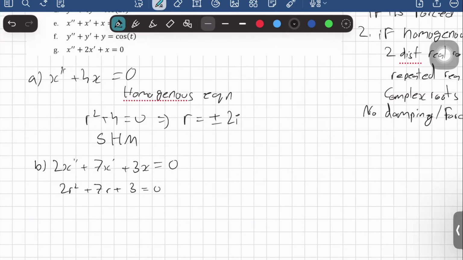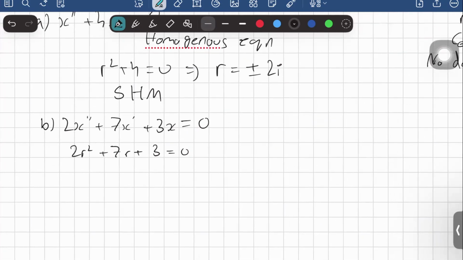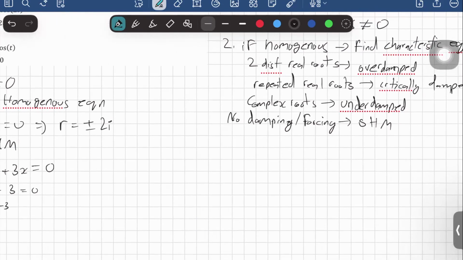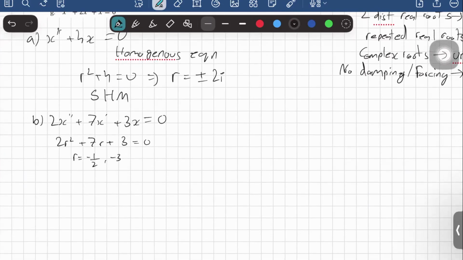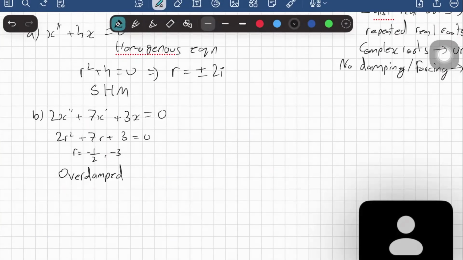We can use the quadratic formula to find the values of r, but in this case I'm just going to tell you the solutions: negative 1 over 2, and negative 3. Since both roots are distinct and real, our homogeneous equation here is overdamped.